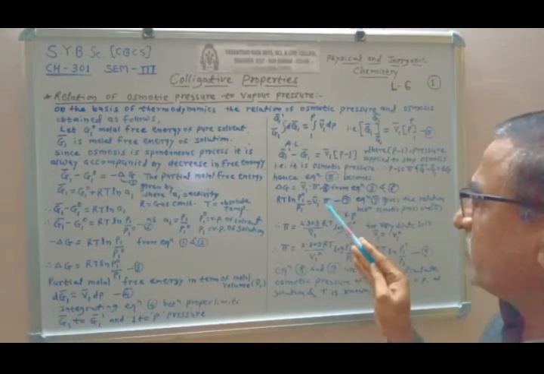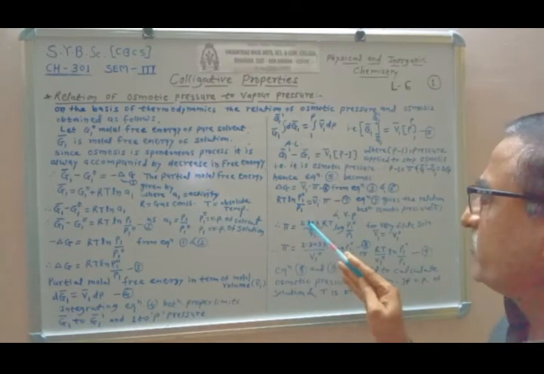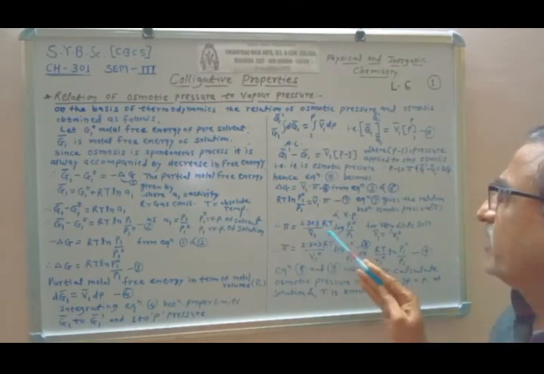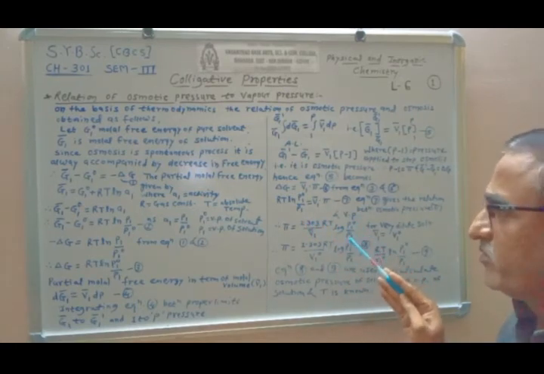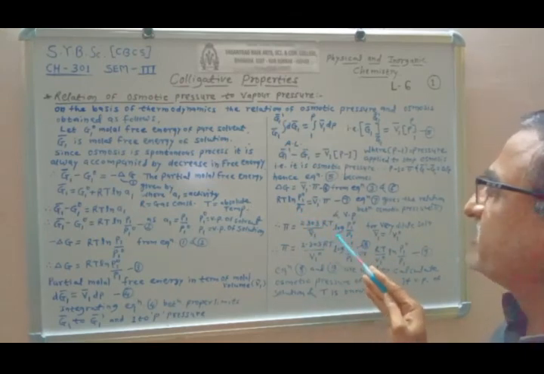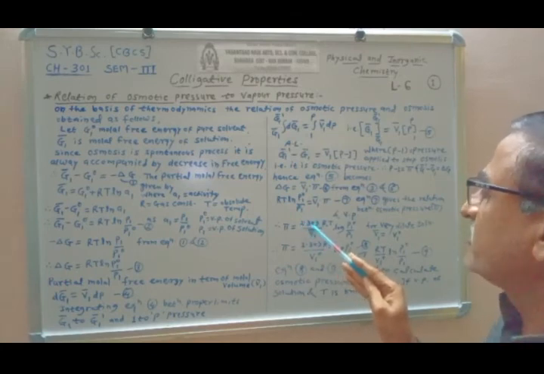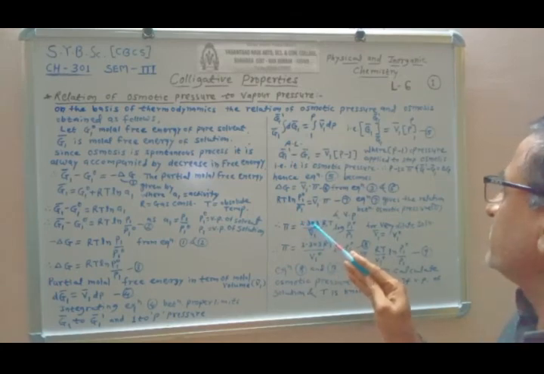Now we have to calculate pi, so taking pi, we have the relation 2.303 RT upon V1 log of P1 0 upon P1. Instead of ln we can write log to the base 10, and by changing the base we multiply by 2.303.